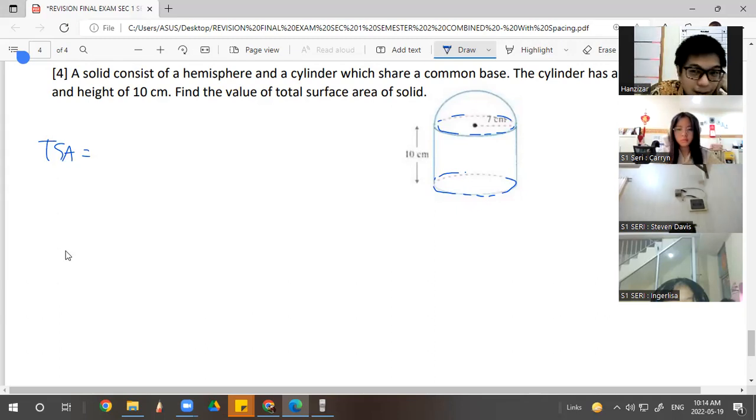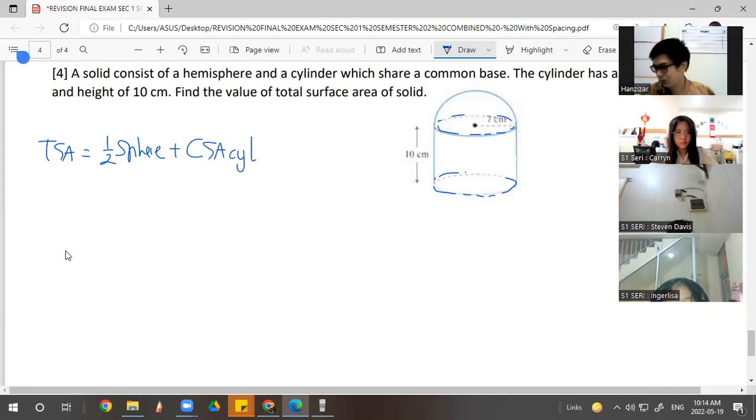So the dome area, half of a sphere, plus the curved surface area of the cylinder, the curved part, and then plus one of the bases, right? So one circle. Not this one, so this is not included, the one I crossed out. Why?